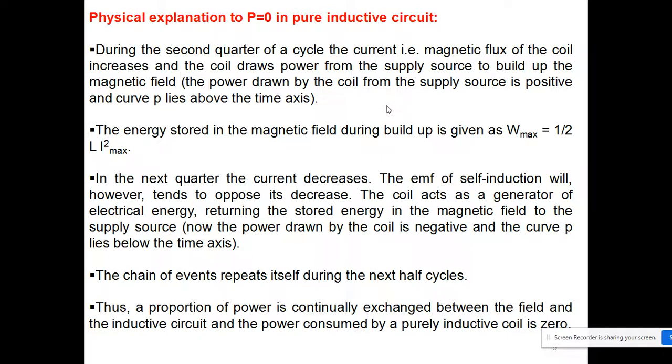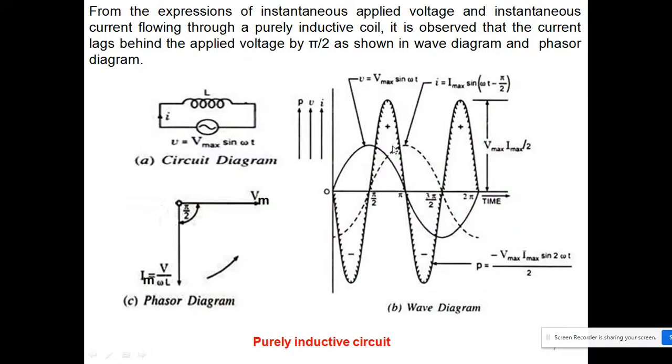Is it okay? And that is stored in terms of magnetic energy, which is nothing but half L I square maximum, half inductance times I square maximum. That is the magnetic energy stored. You can see in this diagram, in the next quarter, from pi to 3 pi by 2, the current decreases.